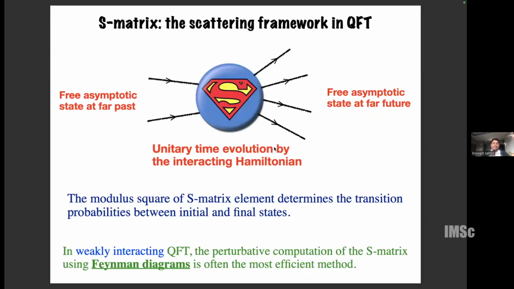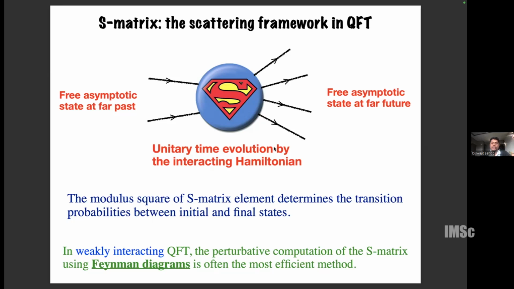So I'll start with some very basic things we learn in quantum field theory: the scattering amplitude, which is the framework we often use in quantum field theory. We define it as a unitary time evolution by some interacting Hamiltonian from a free asymptotic state in the very past to a free asymptotic state in the very far future.